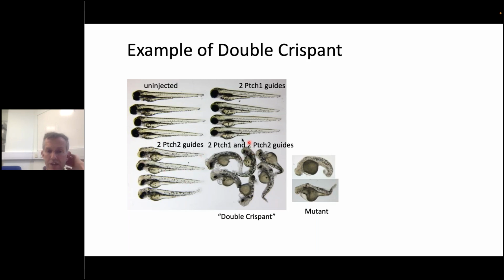But if you inject a combination of patched 1 and patched 2 guides, we create a double crispant for both patched 1 and patched 2, and you can see that these embryos are quite severely affected. And here you can see, for comparison, a real patched 1/2 mutant, and these embryos look pretty similar. So we did a pretty good job in knocking out both genes.